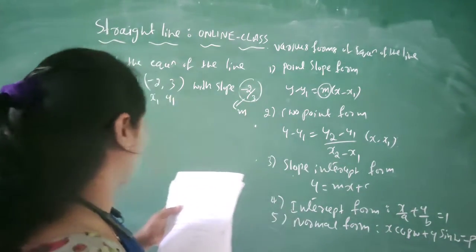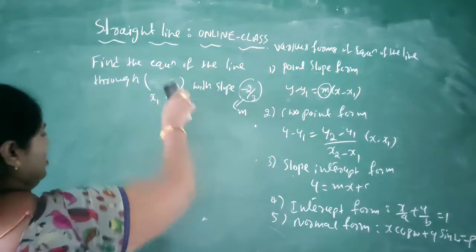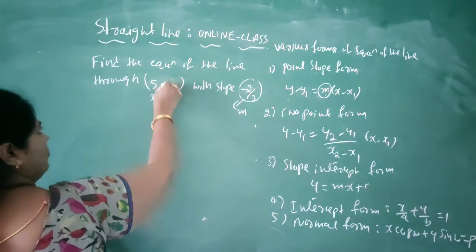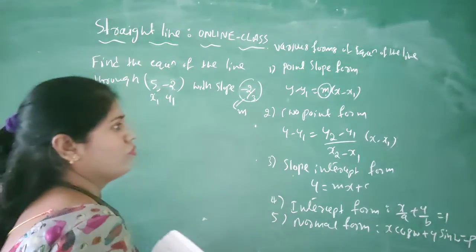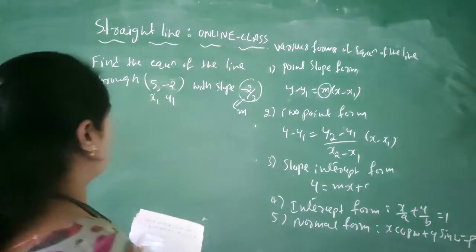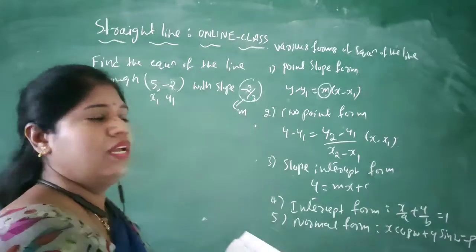The point will be changing. The point is (5, -2). So we need to find out the equation of the line.